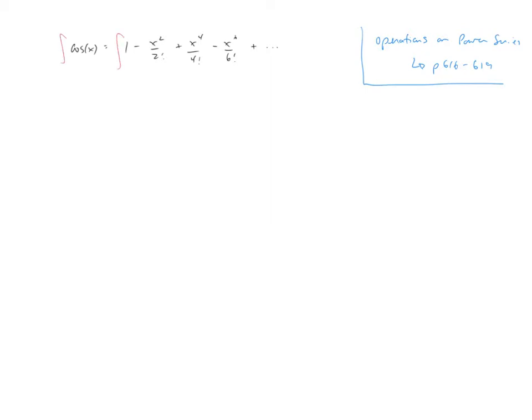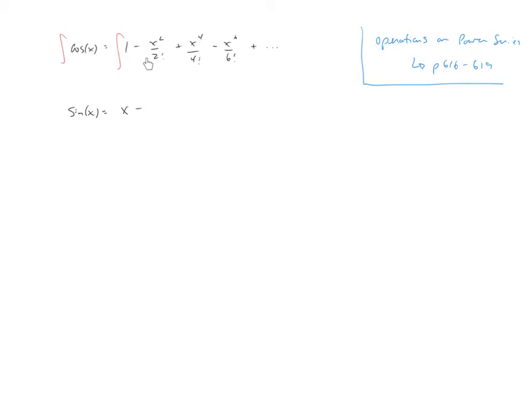Now, as I integrate cosine, we know that the result is, of course, going to be our sine. And on the right, if I go term by term through this, I'm simply going to add 1 and divide. So the 1 is going to turn into the x. The next one, if you add 1, you get a 3.